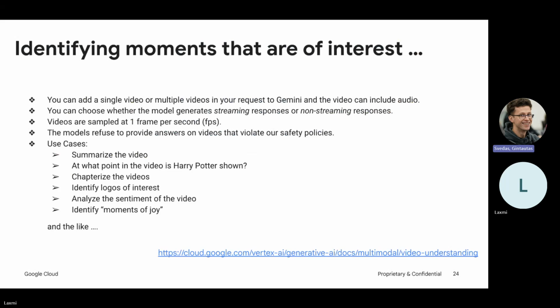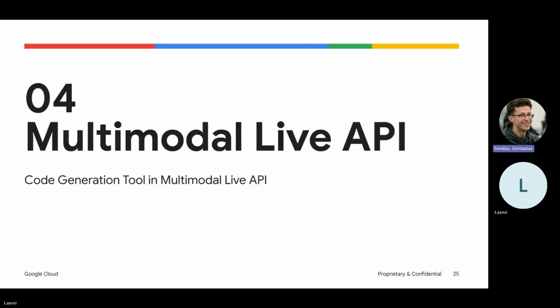All of these would be use cases of Gemini 2.0 for a video input. I'm just telling you a few of them, but it's up to you to use it in your use cases and analyze it the way you require.